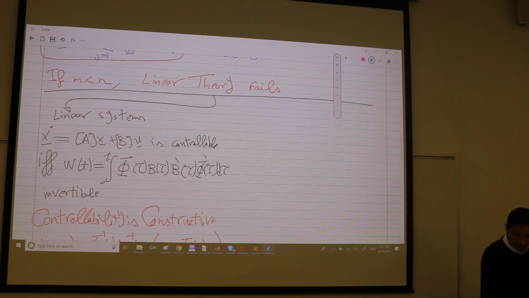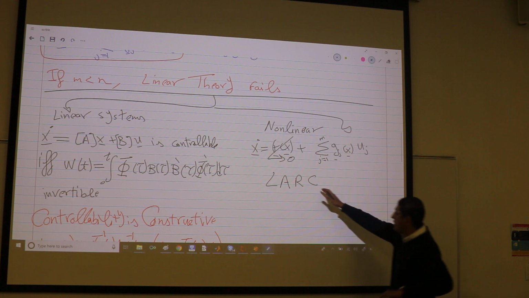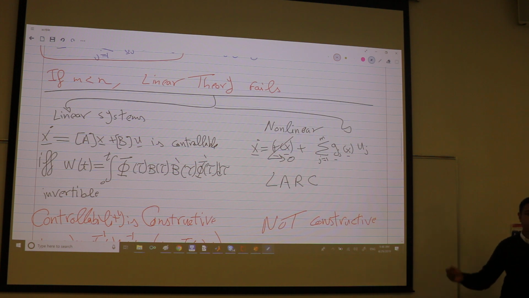For nonlinear systems, so we have x dot equals, say, f of x drift plus some terms gj, uj, and even if you assume driftless, we have a necessary and sufficient condition for controllability like linear systems, luckily, which is the Lie bracket condition, but it is not constructive. So having proved controllability, we still don't know yet how to steer from x0 to x final.